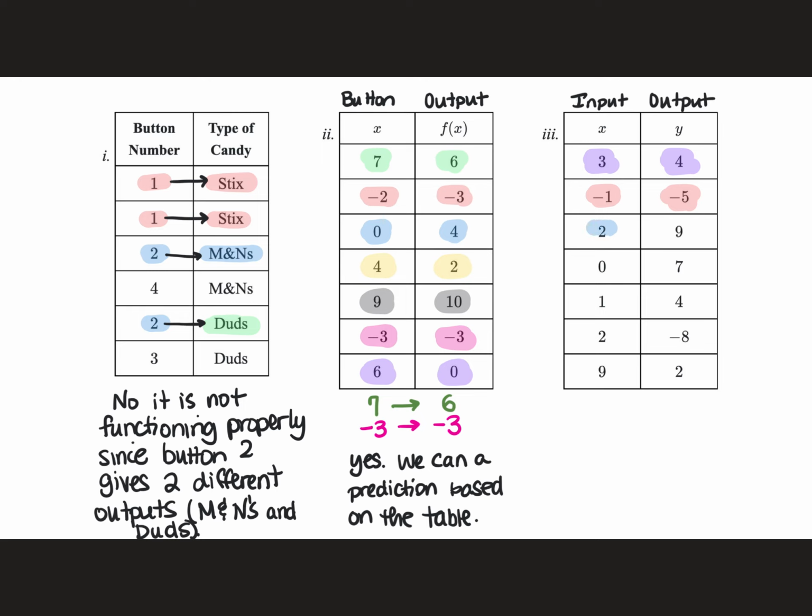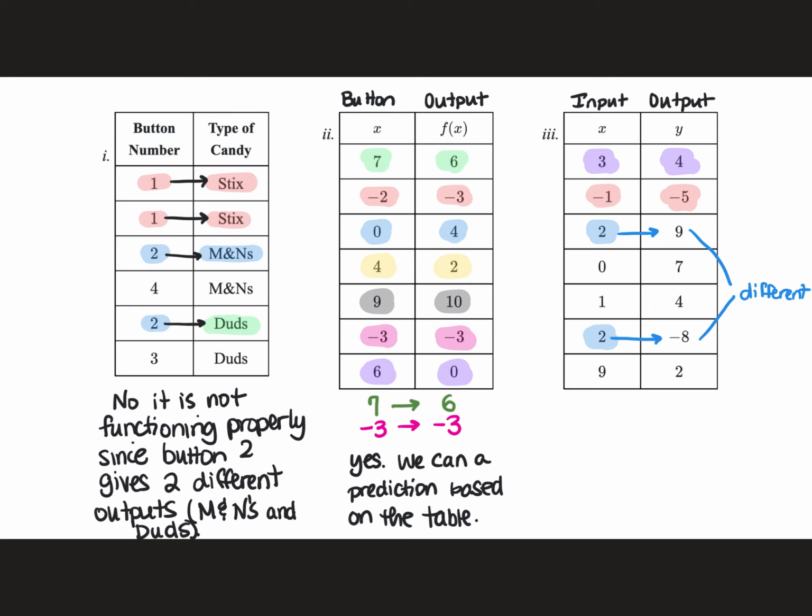Next up, I have an input of 2. Now, as I scan my table, I see another input of 2. In order for this machine to be functioning properly, we have to get the same output every time we press that input of 2. Well, here we have an output of 9. But when I press the button 2 again, I get a different output. Since these are different, that tells us that our machine is not functioning properly.